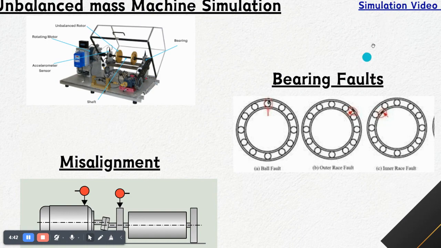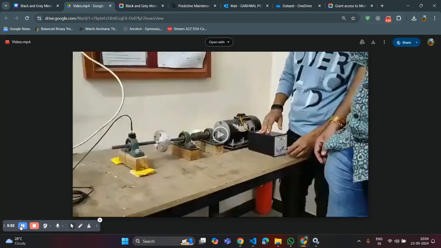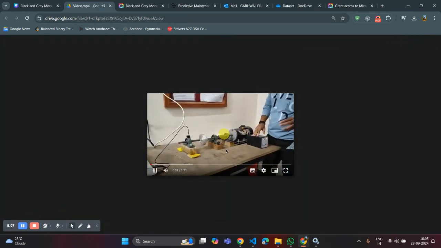I will show you the video of how we collected the readings of the machine. So this is the machine used in our system.